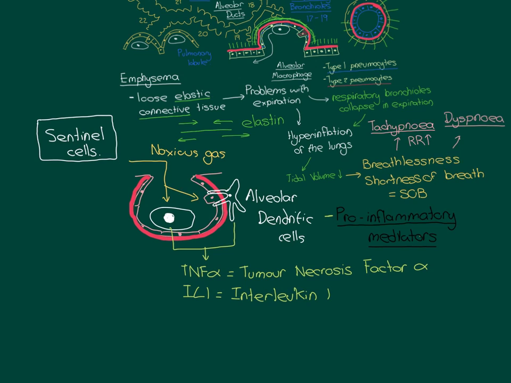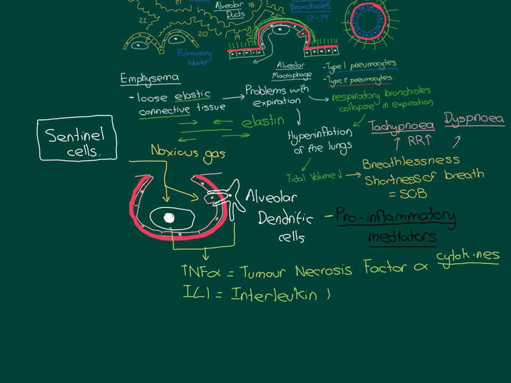Now, there's another term that people often use with regards to pro-inflammatory mediators, and that's the term pro-inflammatory cytokines. So let me just clarify what cytokines means. A cytokine is a protein molecule that is released by a cell of the immune system and which will affect the behavior of another cell.